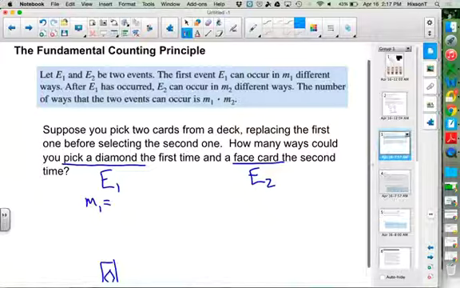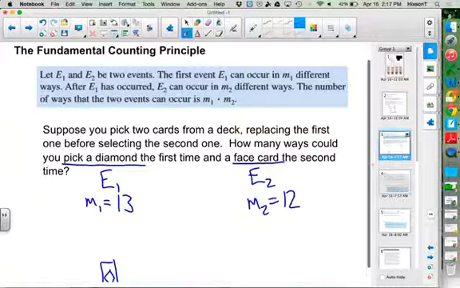M1 is how many different ways could we get a diamond? 13. There's 13 diamonds in the deck. How many different ways could we get a face card? 12. There's 3 in each suit times 4 suits.